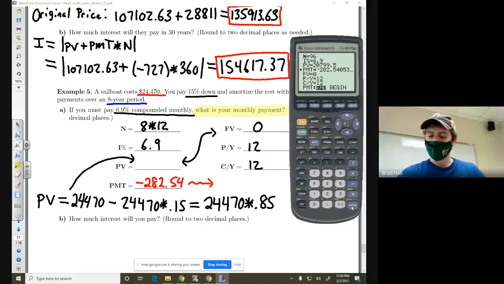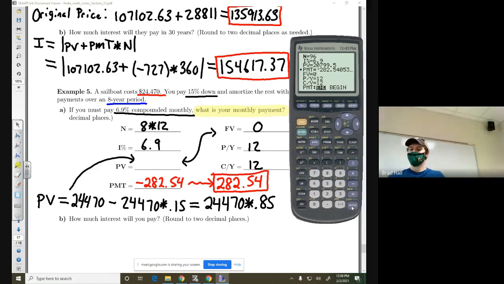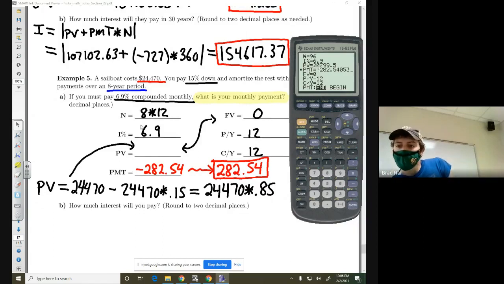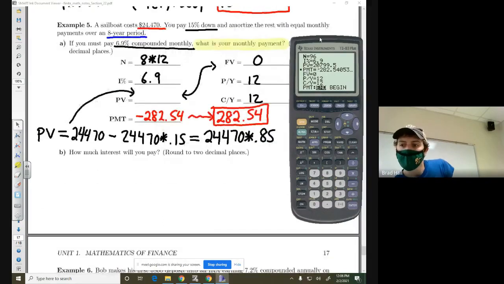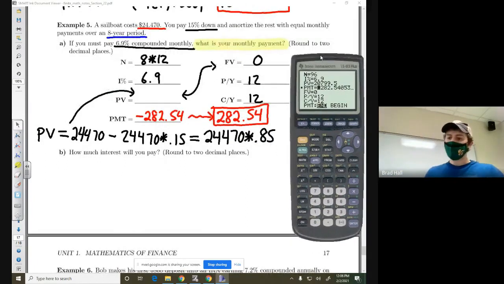And of course, my math lab wants the positive version. The negative is just for the convenience of the calculator. And so the answer you would give my math lab is the 282.54. And from here, we can go ahead and figure out the interest.